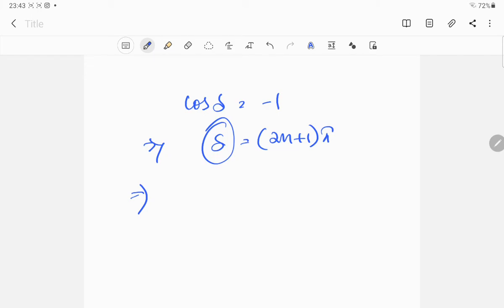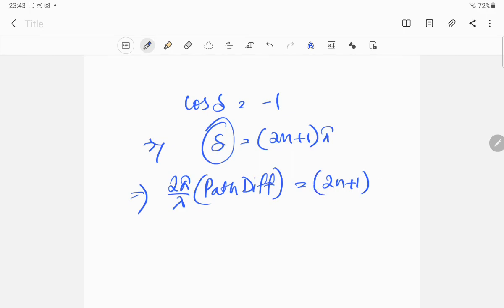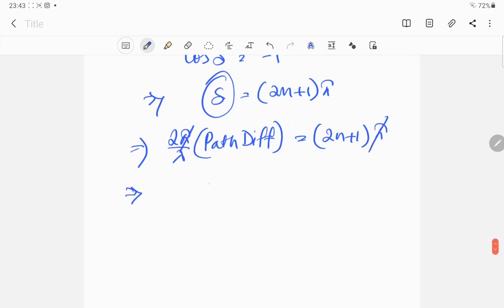So this is already the phase difference. We have already done twice pi by lambda into path difference, we are converting it into path difference. So path difference is equal to twice n plus 1 pi, so pi gets cancelled. Path difference is equal to twice n plus 1 lambda by 2.